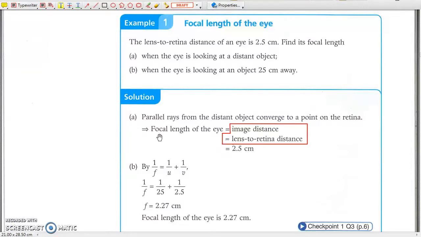And thus 1 over v equals 1 over f, and so the focal length of the lens equals the lens to retina distance. In part B, the object distance is 25 cm, so u equals 25 while v equals 2.5, and hence f equals 2.27 cm, which is just a little bit shorter than the lens to retina distance.